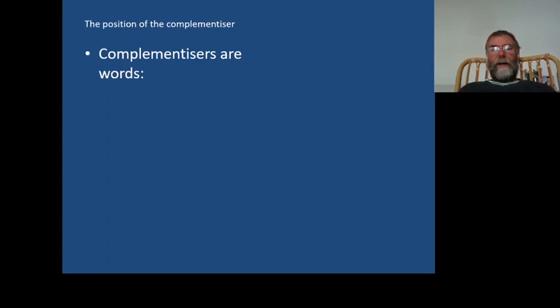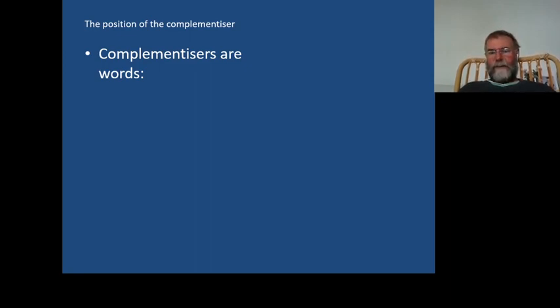Okay, so now we know what complementisers are and what the different complementisers look like and how they differ from each other. Let's consider the next question, that is, where in a structure does the complementizer sit? Well, the first observation to make is that complementisers are clearly words. They're not phrases by themselves. You can't expand them into anything more than the word themselves.